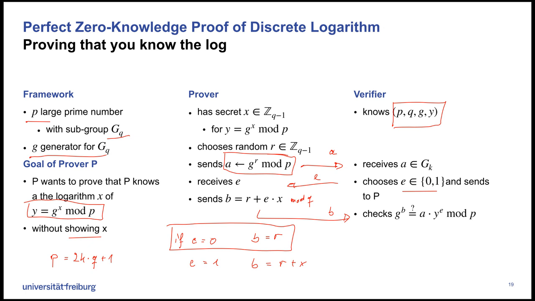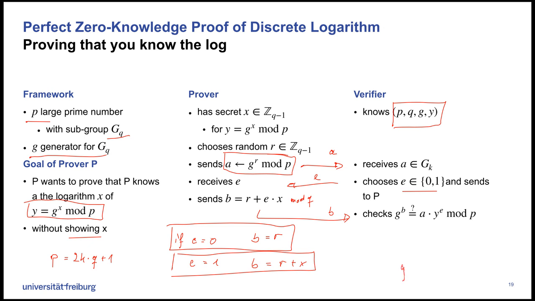The first case, if e is equal to 0, what does the other person get? It gets some random number, which happens to be such that g to the r is equal to a. So this is no information which has anything to do with the first one. And in the other case, what you get is r plus x, and r plus x happens to be the logarithm of a times y.